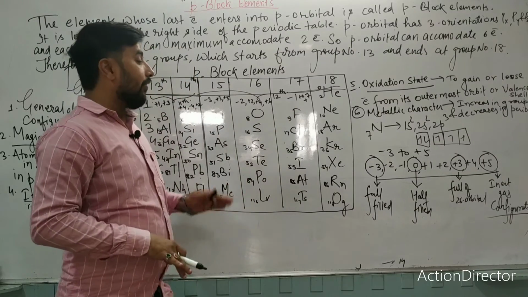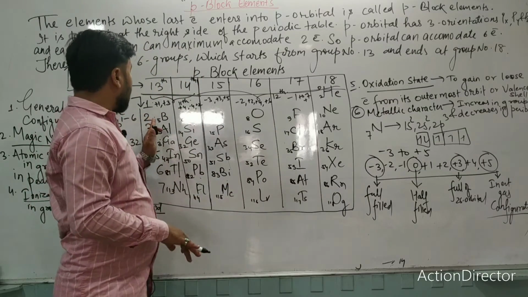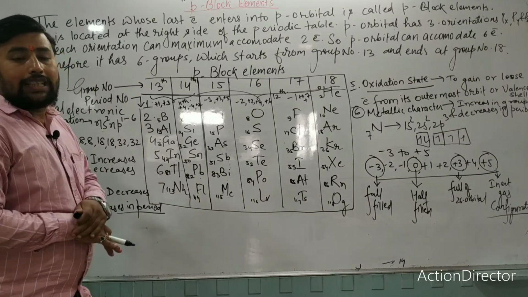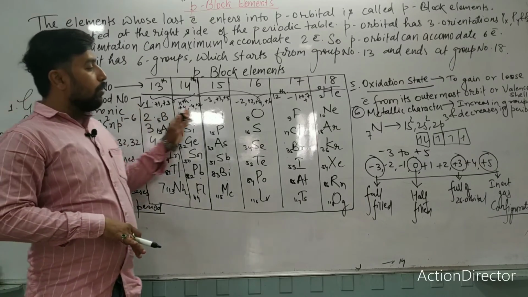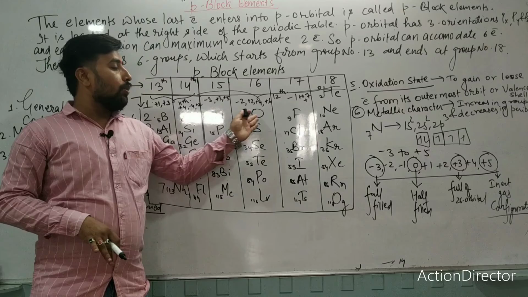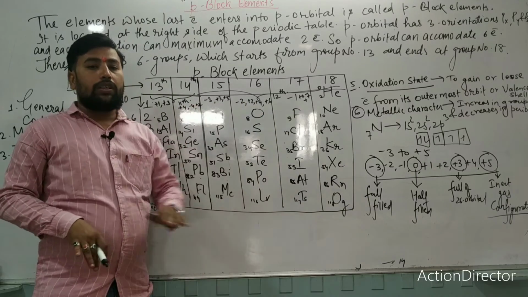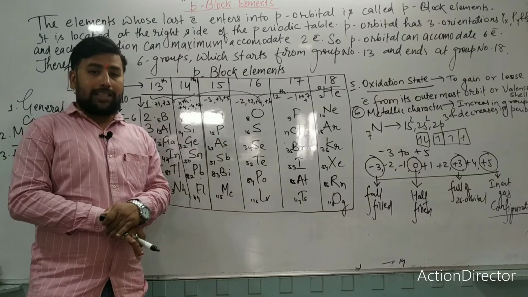Why am I saying it decreases in period? Because you know very well group number 1 and 2 are alkali and alkaline earth metals. From boron, carbon, nitrogen, oxygen, fluorine, as we move to the right side we get non-metals.